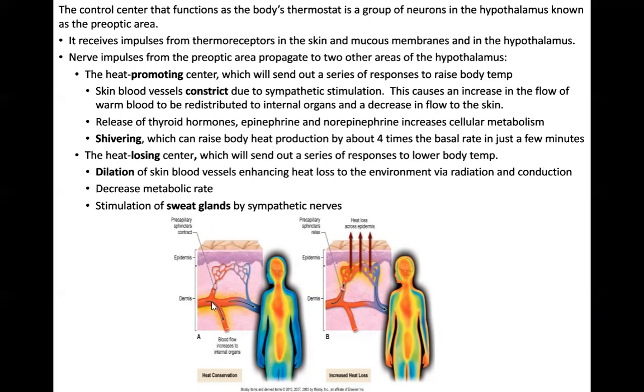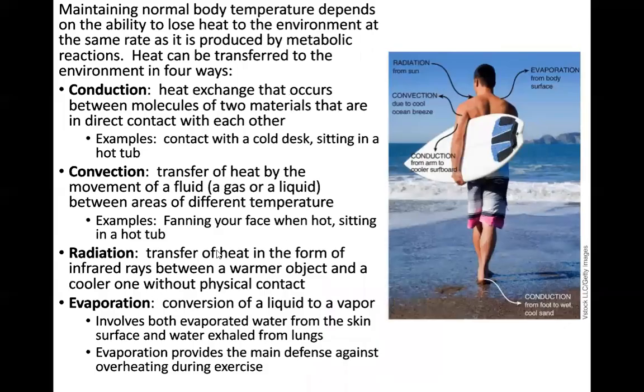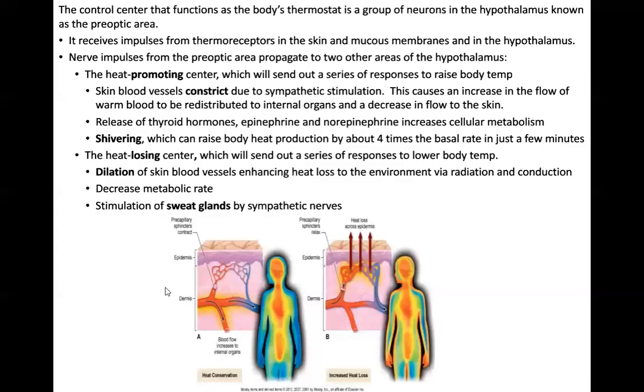We redistribute that blood flow to our internal organs. It's less likely to result in heat loss to the environment through those different mechanisms that we just talked about here on this page. If your body heat is more internal, it's harder to get it out of the body through conduction, convection, etc. Okay.